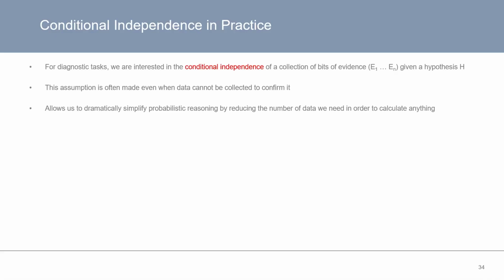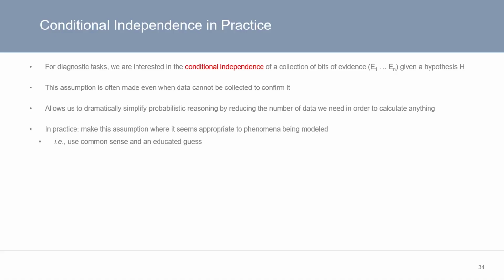Specifically, this allows us to dramatically simplify probabilistic reasoning by reducing the number of data we need to collect in order to calculate anything. In practice, we can use this assumption of conditional independence, where it seems appropriate to the phenomena being modeled. But at the end of the day, we have to use our common sense and educated guessing to put forward this assumption of conditional independence.